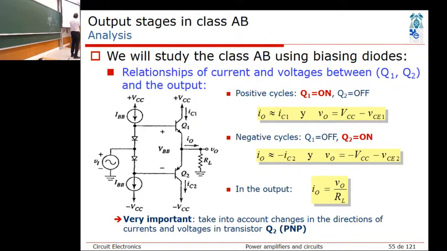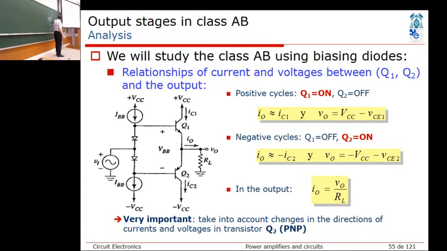Positive cycles. Q1 is on, Q2 is off. Yeah, output is about PC1. Okay. So this is basically just the calculus how these transistors are open. So positive cycles, this is conducting.